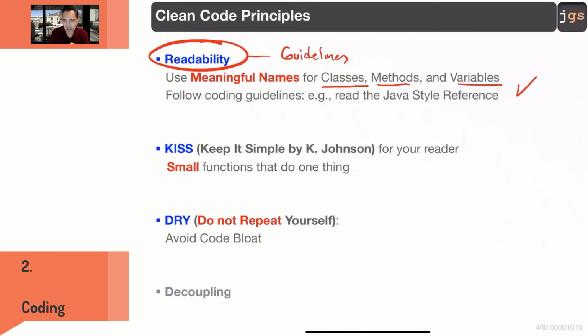Second, the principle has an acronym, and it's basically that your code should follow the KISS principle. The KISS principle: keep it simple. I am doing a program, and one of the principles tells me to keep your source code easy to read for others.